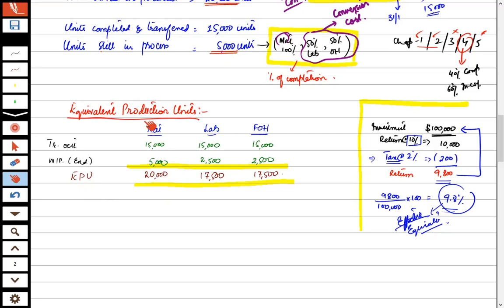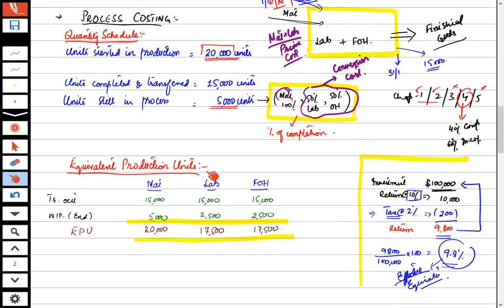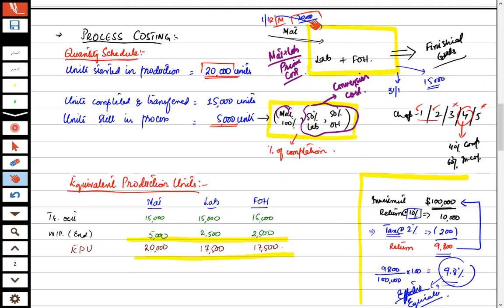Now what does that mean? It means that the units which we have started as 20,000 units, in all these 20,000 units, material has been applied fully. Whether they are on the transfer out units or the WIP, material is applied fully on 20,000. But as far as labor and FOH is concerned, they are applied fully on transferred out units, but they are still remaining to be applied on WIP units.